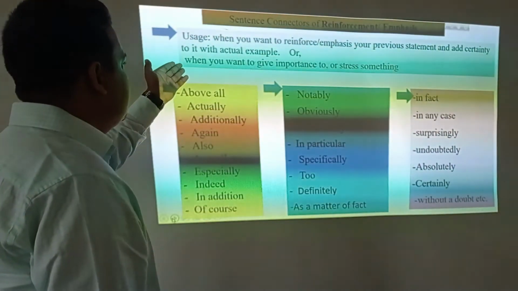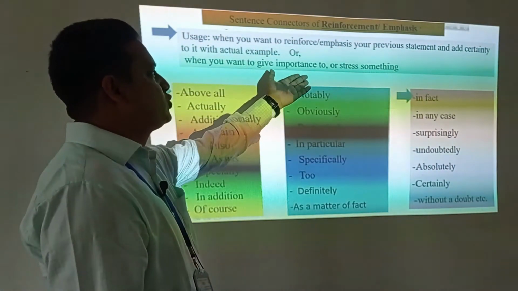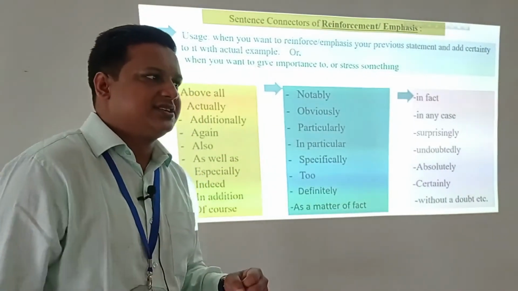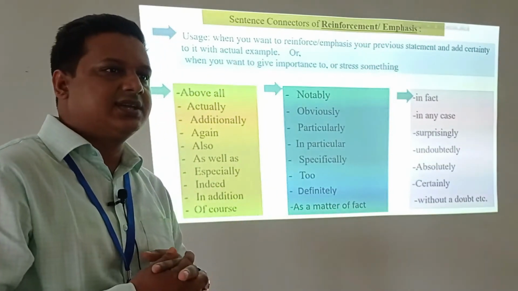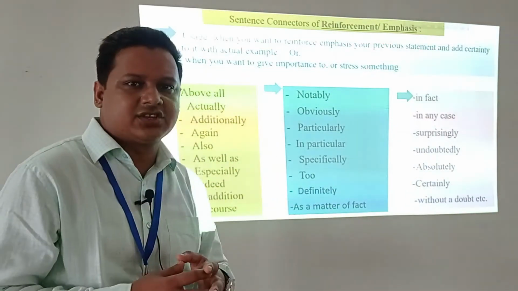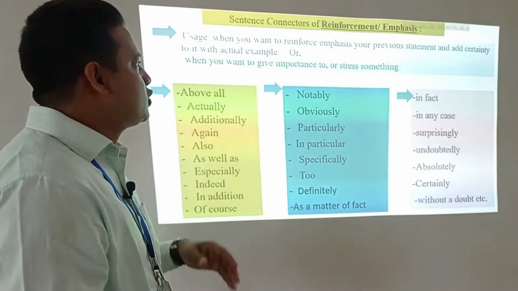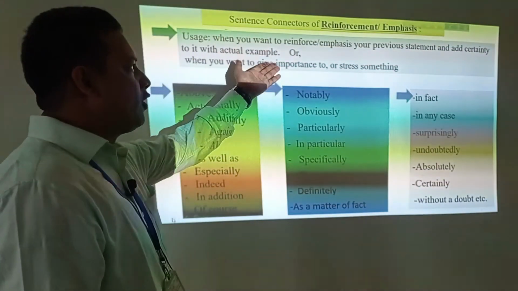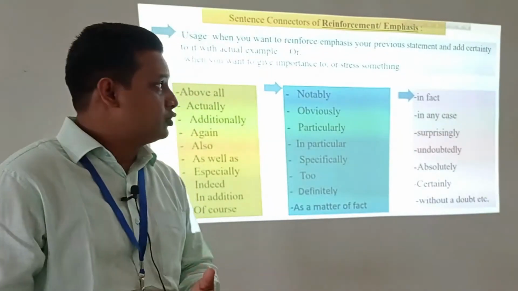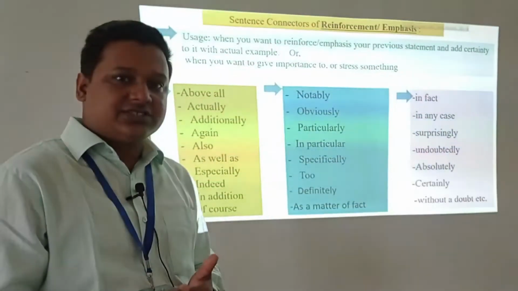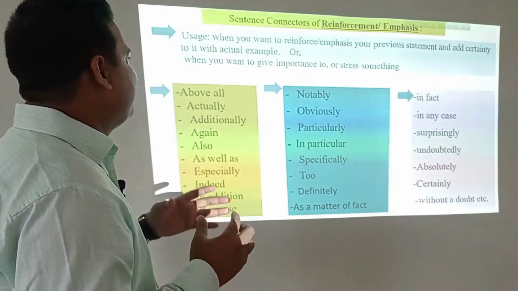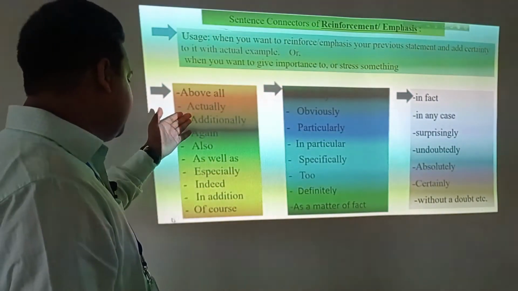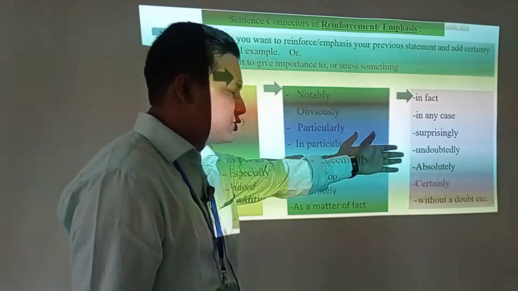Or you can say when you want to give importance to or stress something. Dear students, when you write or say something, you certainly put emphasis on your sentences. So if you want to reinforce or emphasize your previous statement and add certainty to it, then you can use this type of sentence connectors.